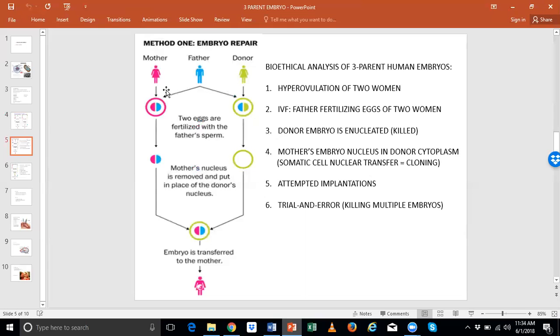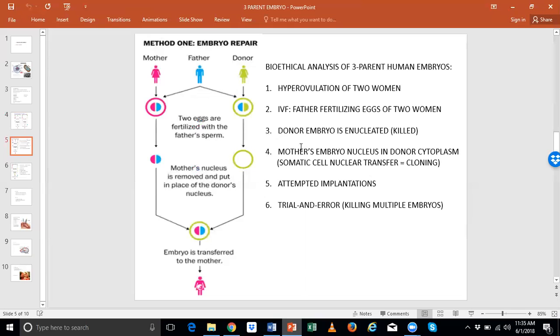This father is fertilizing eggs of his wife and the egg of this donor. Granted, it's done in vitro, and that's the other thing about in vitro. You have procreation without the unitive aspect of it, which is also questionable. Certainly not nature's way, right?